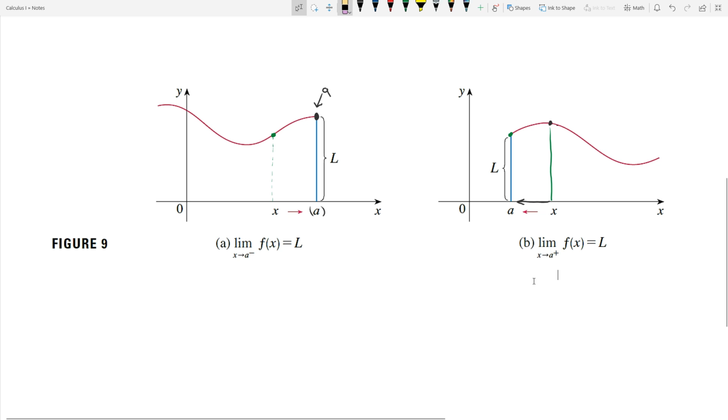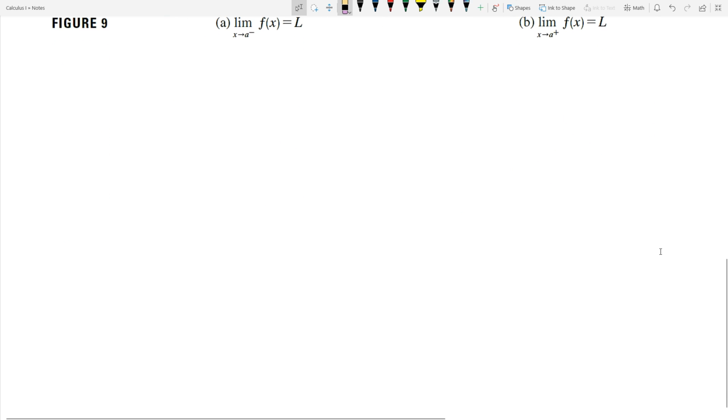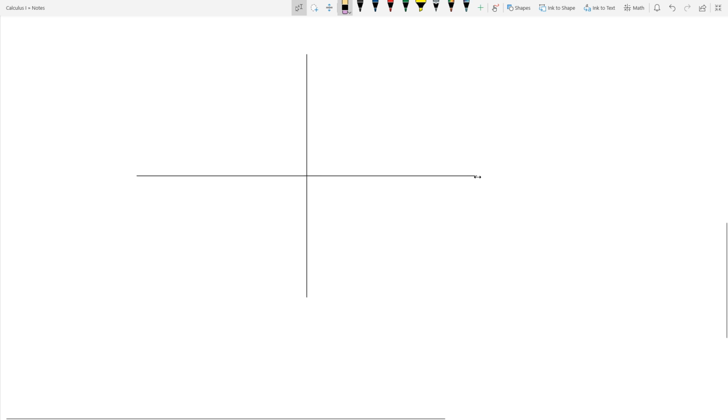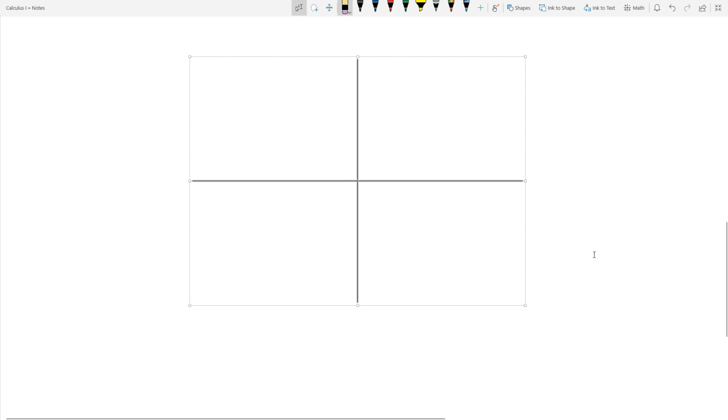So let's take a look at just a couple of graphs. I'll just make up a couple of graphs or curves. And remember, a curve can be a straight line. We call any function that we are graphing a curve. So even if I had a straight line, we would still call it a curve.